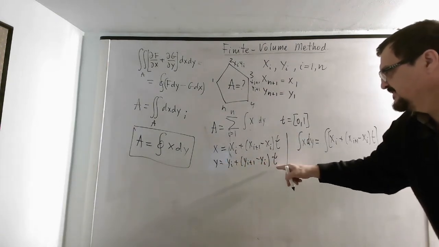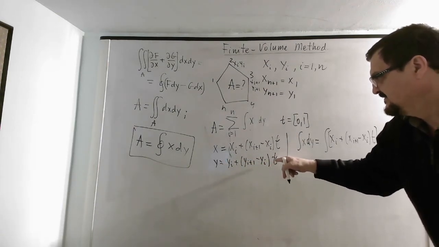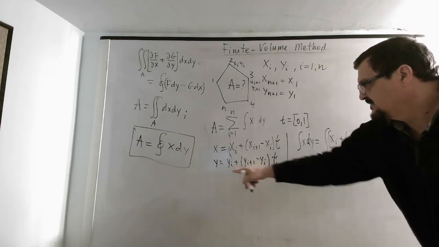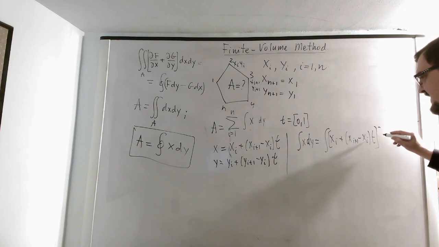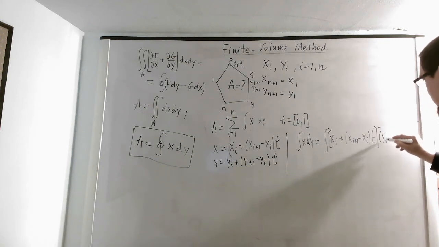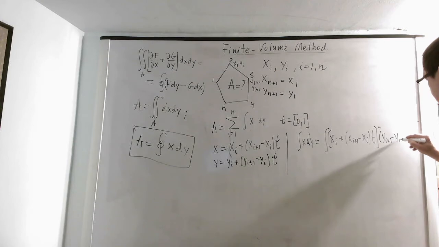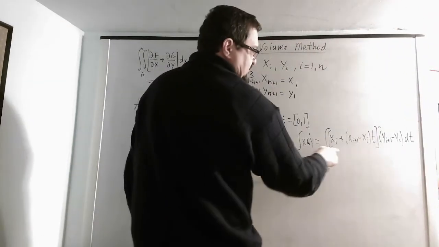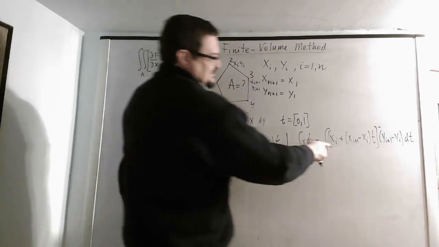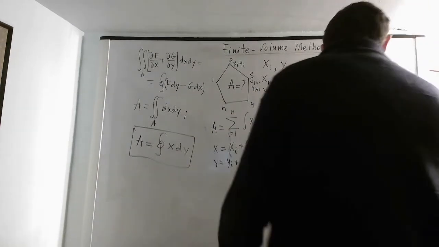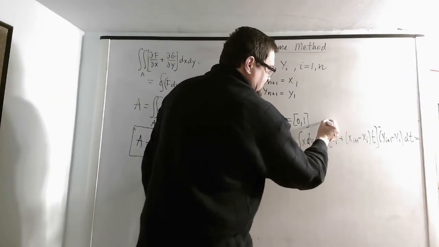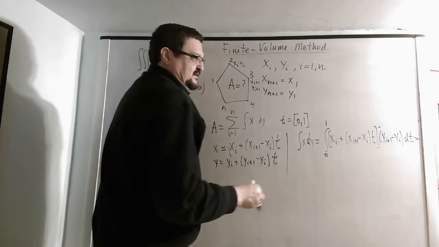And dy is d of this in dt, so this is constant, and it will disappear. We'll have times (yi plus 1 minus yi) dt. So now we expand it into this integral, and the integral is from 0 to 1, because t is changing from 0 to 1.